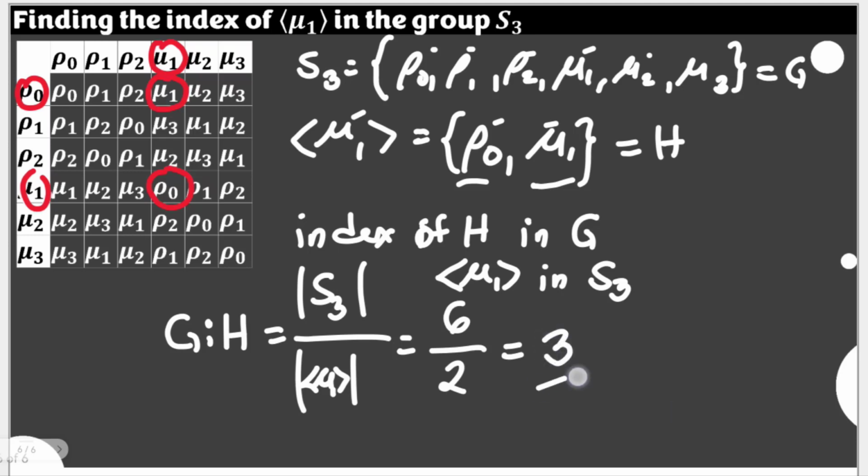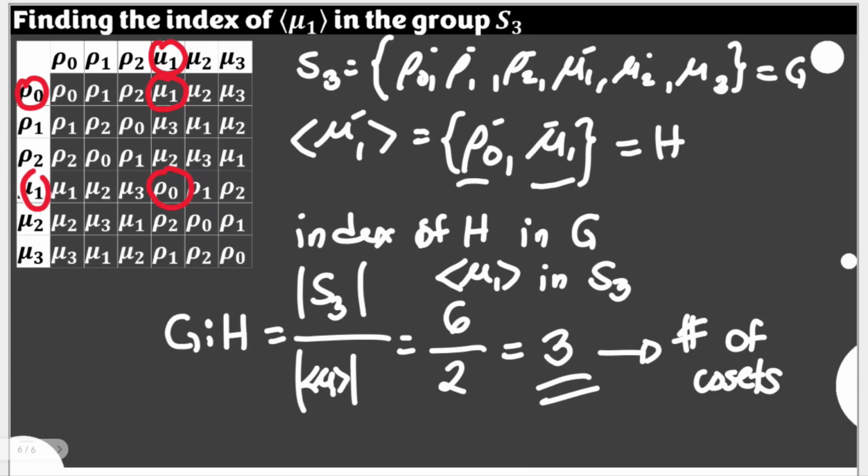This is how we show the index of the said subgroup, but we started with identifying the number of elements in the subgroup. If you would like to connect this to our previous topic or our next topic, this is actually determining the number of cosets. So the index of H in G is telling us the number of cosets that we could have for the subgroup generated by mu sub 1 in S sub 3.